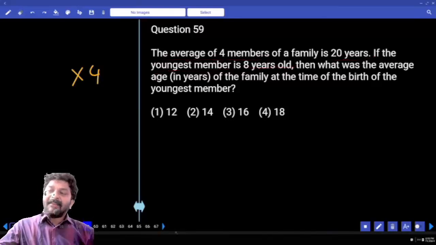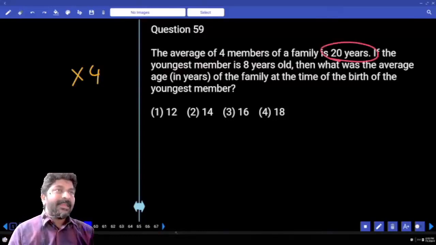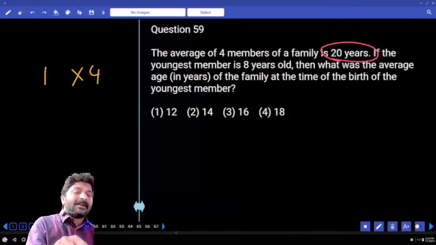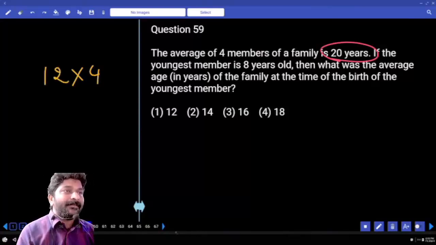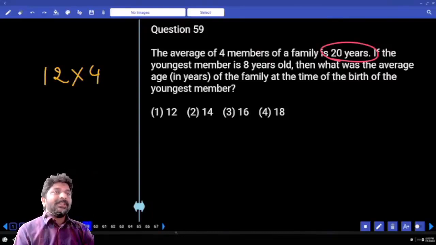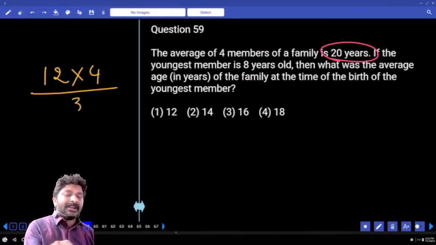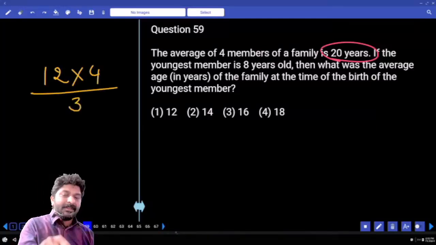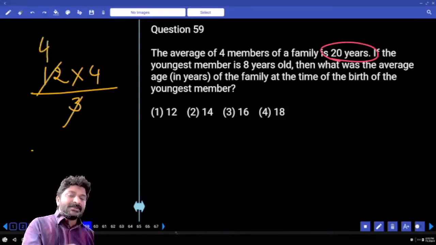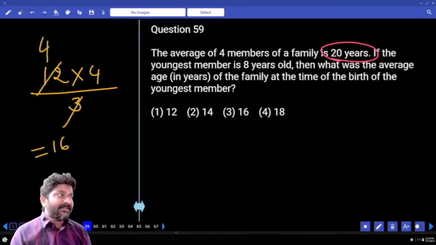If their present average is 20, 8 years back, the average was 20 minus 8. To convert into sum, it is multiplied by 4 only. Agreed? But now, think practically, 8 years back, how many members were there? Then the sum must be converted to average for 3 members only.